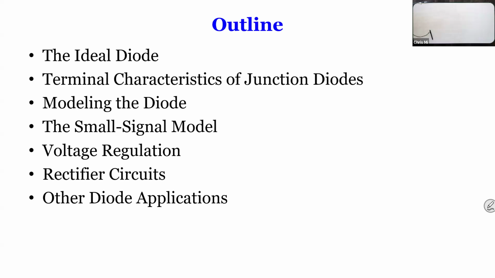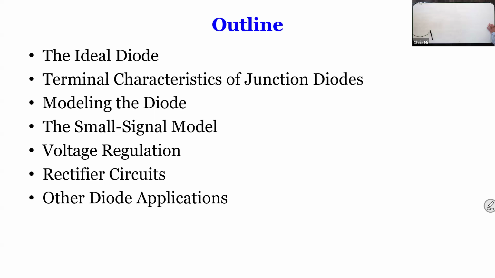But then, of course, moving on, we're going to talk about the characteristics of junction diodes. Junction diodes means more like real diodes, like p-n junction diodes. And then we look a little bit at how to model the diodes. Sometimes we call it the piecewise linear model, which is also sometimes called the constant voltage drop model.